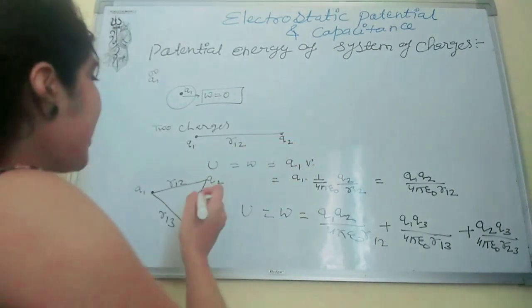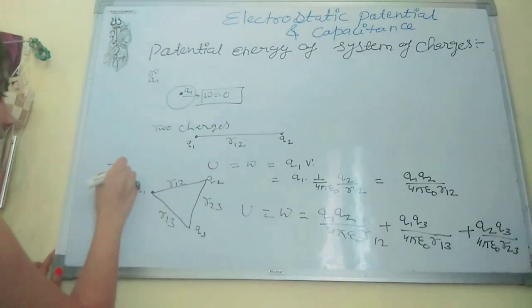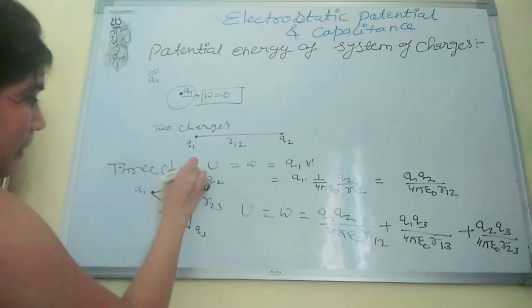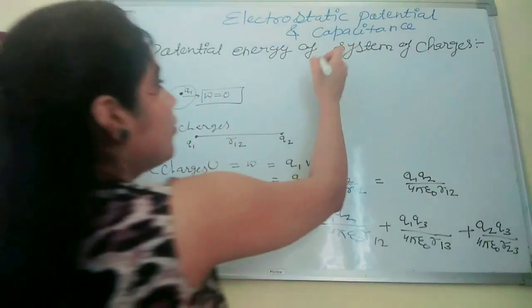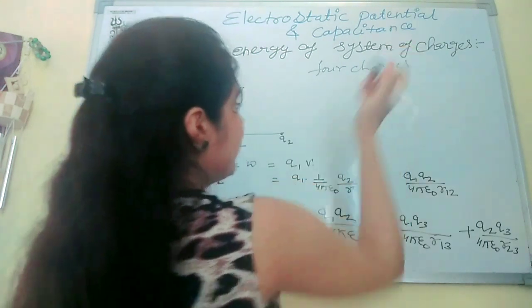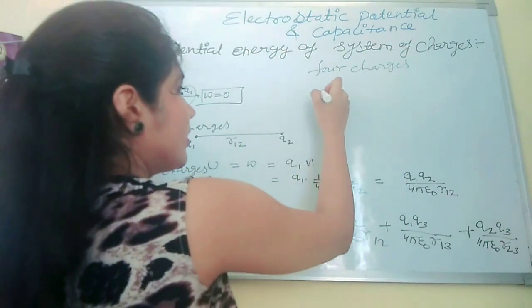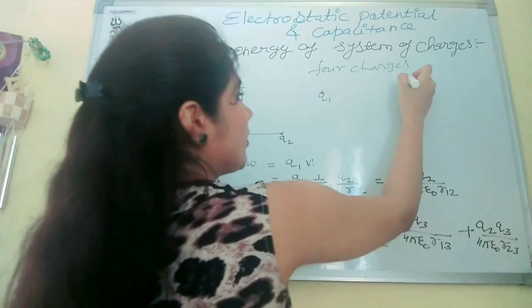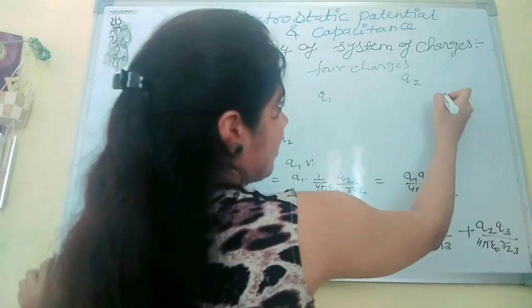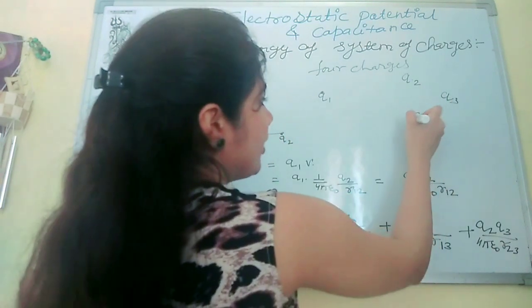Okay, now this is for 3 charges. Now we have 4 charges. So that is Q1, Q2, Q3 and Q4.